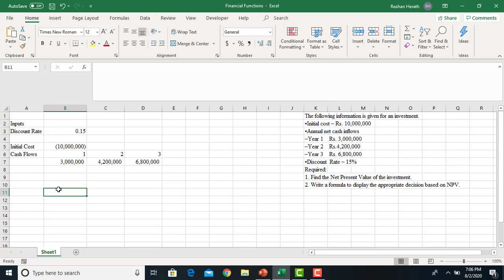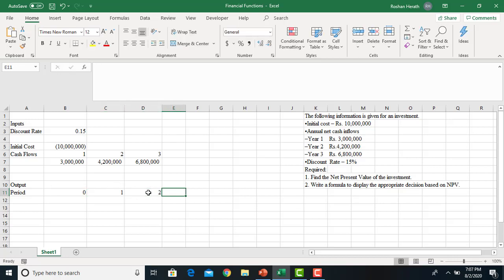Now we are going to develop the model to identify the net present value. If you take this output, you may identify the period: period 0, 1, and so on.